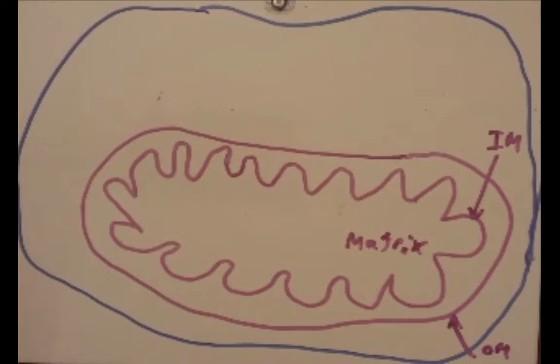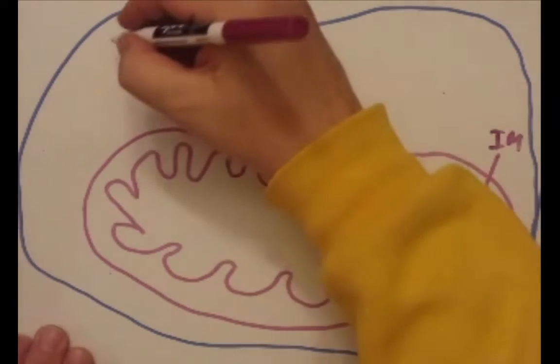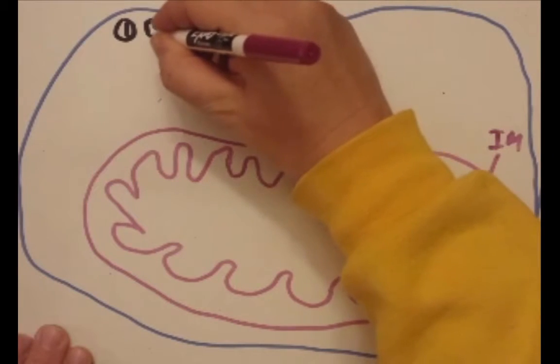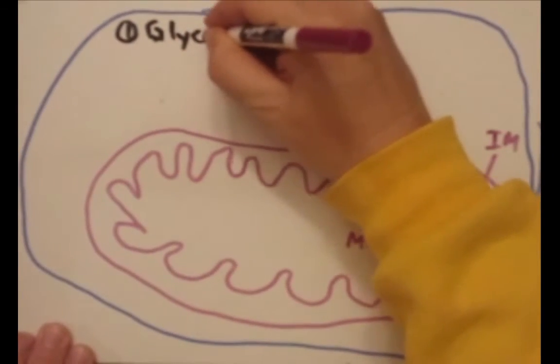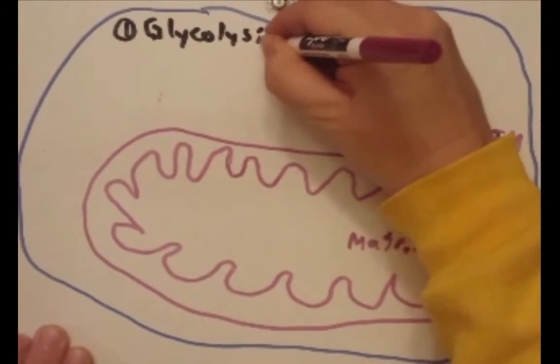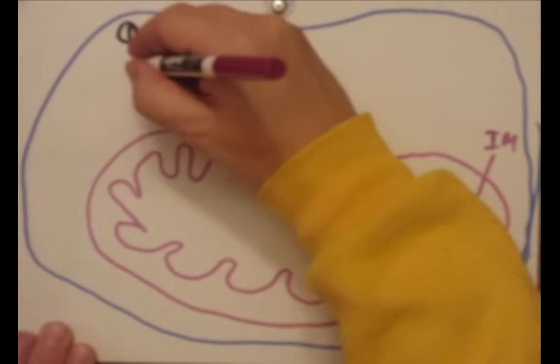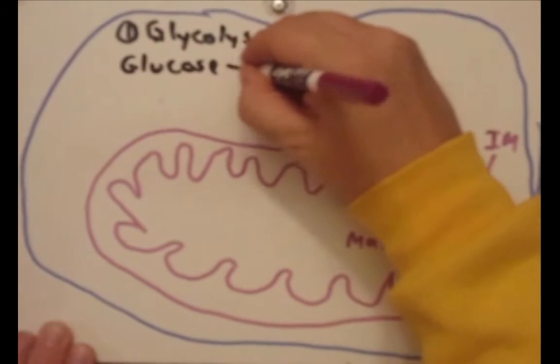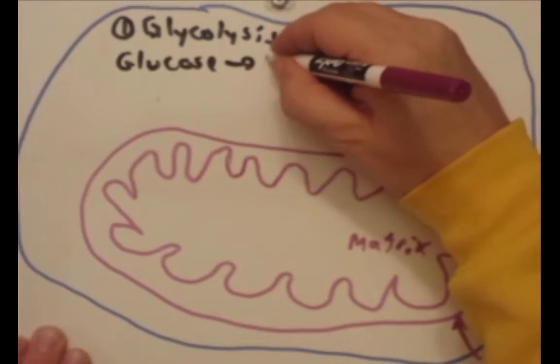Your book describes 4 stages of cellular respiration, so I'm going to talk about them as 4 stages. The first stage is glycolysis. Glycolysis takes our sugar, our glucose, and it converts it to pyruvate.